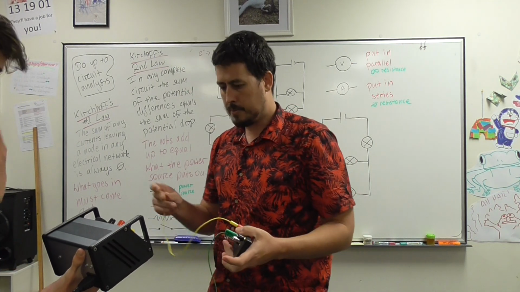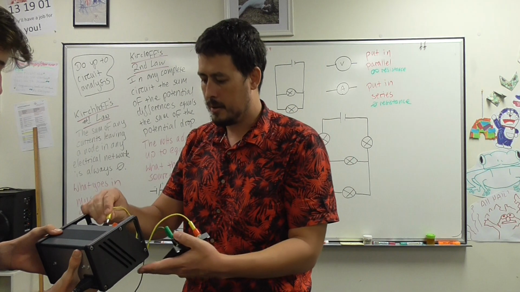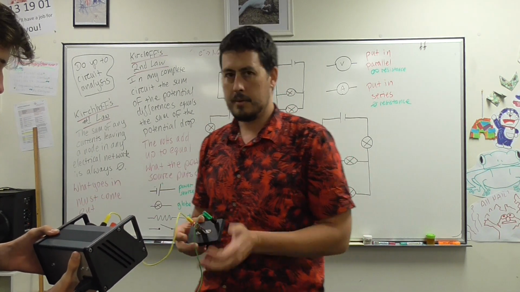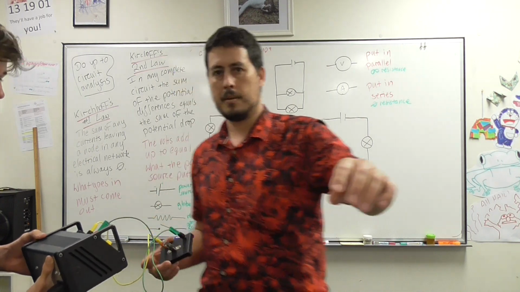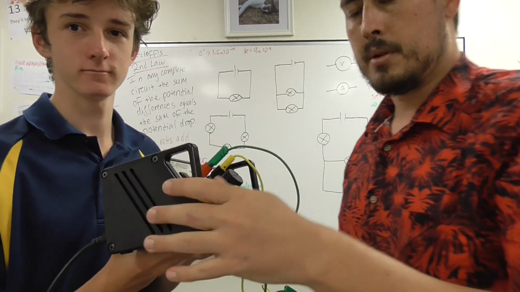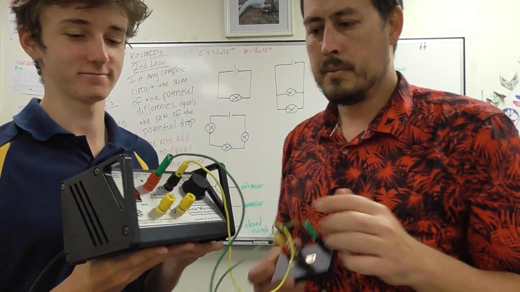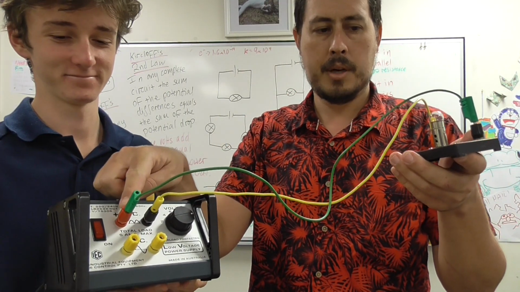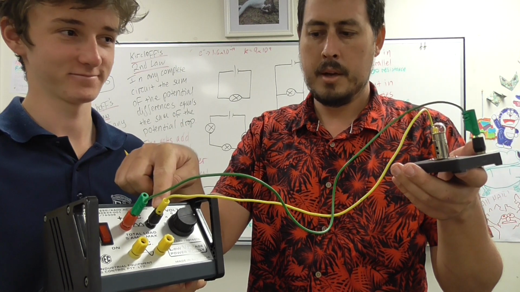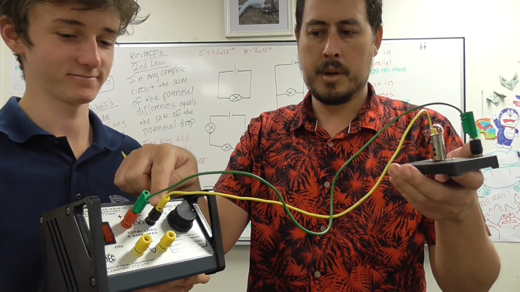Okay, we've got power. You're perfectly safe, I think. So now I don't know if we can just hold that up so the camera can see it. Actually, I can see the terminals here. So we've got the green wire coming out of the red one and the yellow wire coming out of the black one.